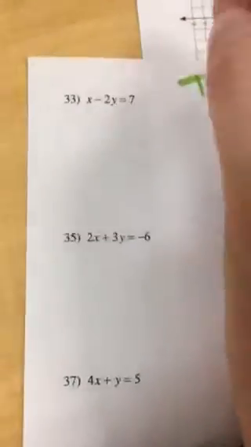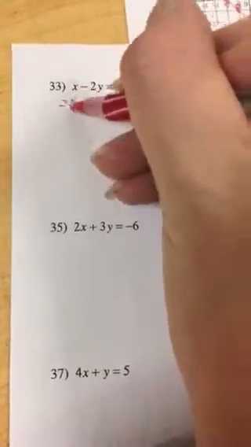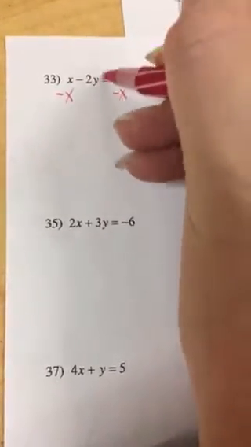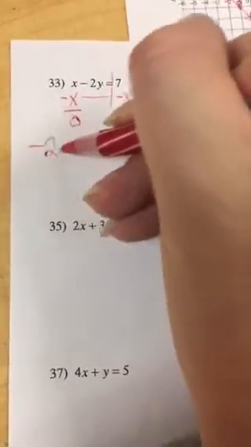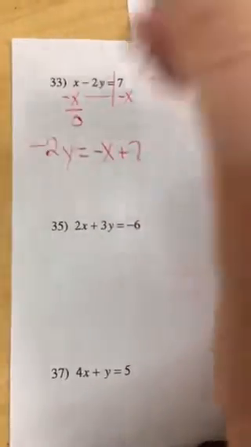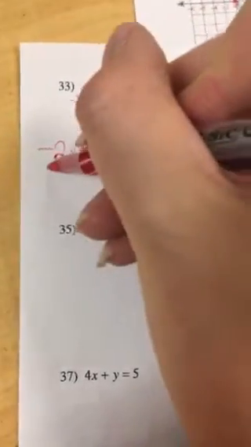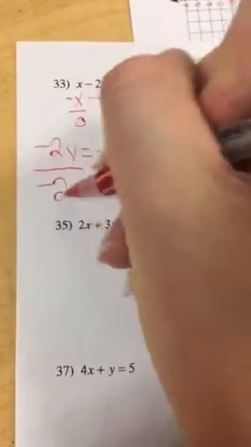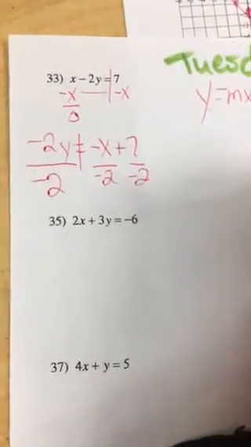So if I look up here, the first thing I'm going to do is subtract x from both sides. These x's become 0. I'm left with a negative 2y equals negative x plus 7. Is the y isolated yet? No, it's being multiplied with a negative 2. So I'm going to divide everything by negative 2.